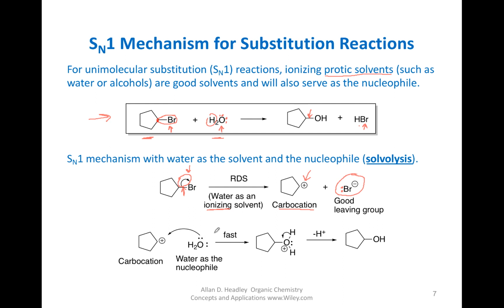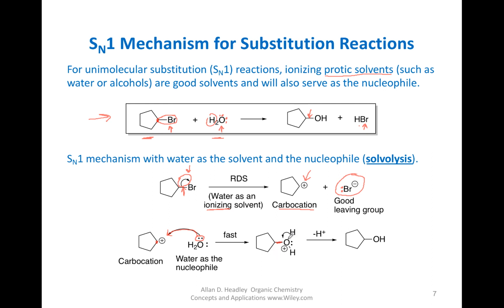In the second step, or the fast step, as you can imagine, water, which has a pair of electrons here, quickly bonds to the carbocation, to be more specific, the carbon of the carbocation, to form this bond right here. As you know, oxygen takes 2 bonds. If it has 3, it's an intermediate and not stable.